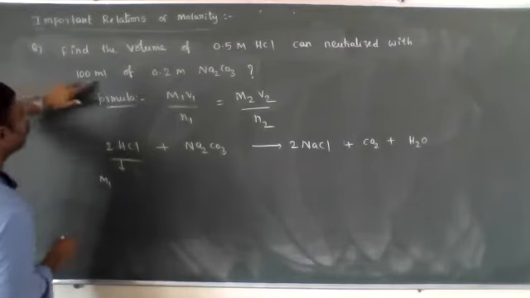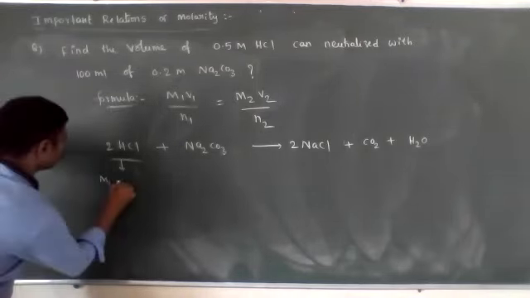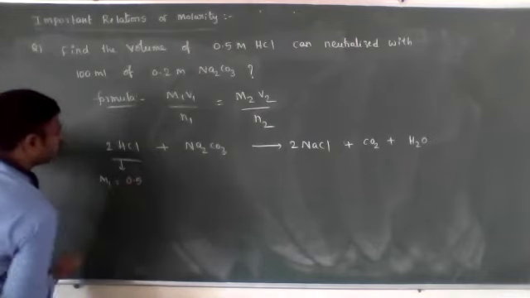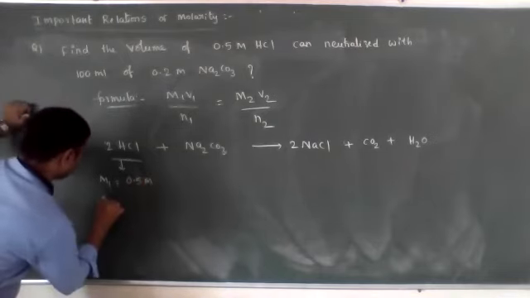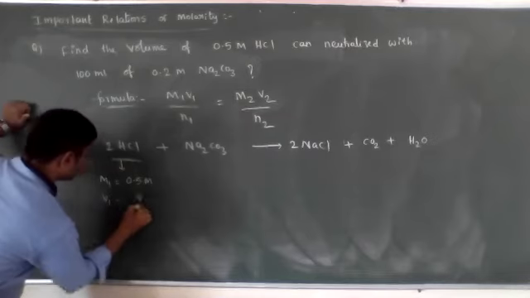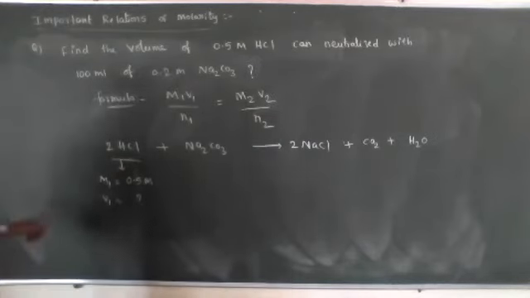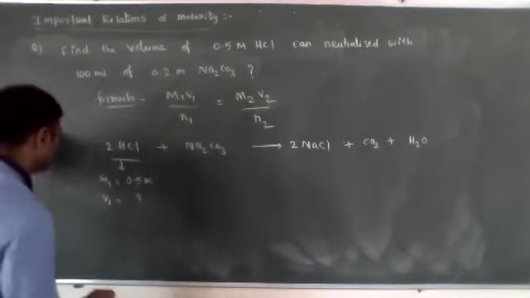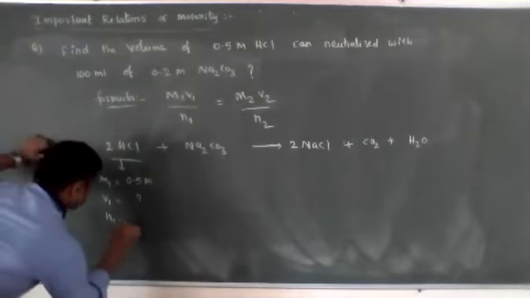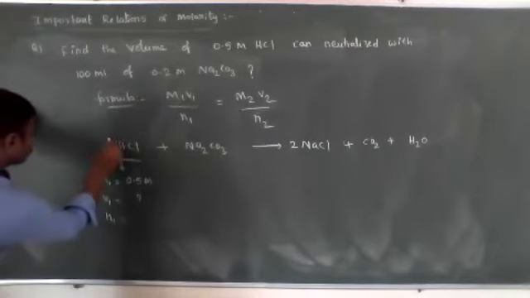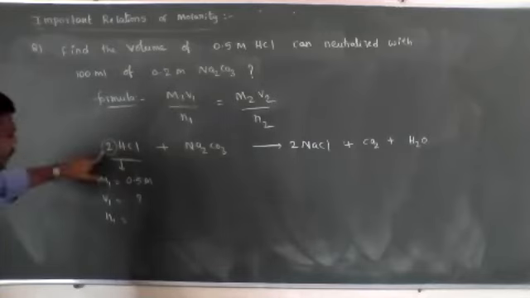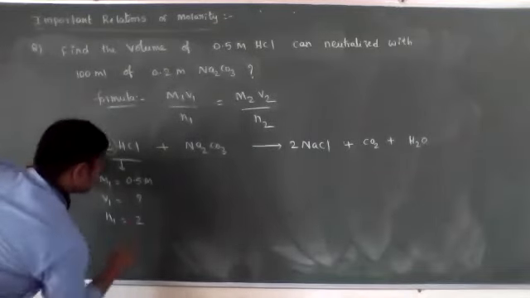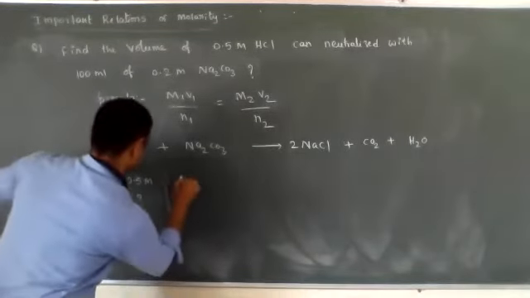M1 is equal to how much they given in the question? 0.5 molar. V1 volume they have not given, so that we need to find out using this relation. And N1, number of moles, how many moles are we using in the balanced chemical equation of HCl? 2. Next, come to this.